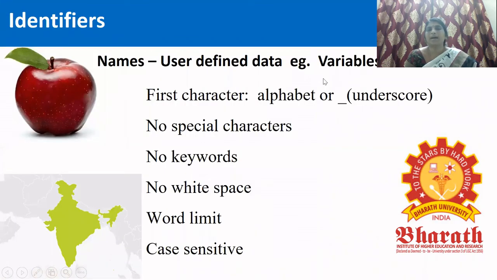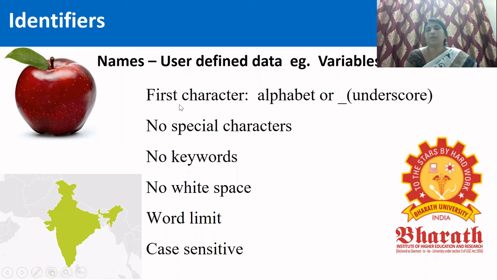The next comes the identifiers. You know, each object is identified by its name. Say if you see an apple, we say it is an apple. And when we see this picture, you know it's an India map. So it is identified. In the same way, each variable is to be identified by a name. So there are rules to identify it.